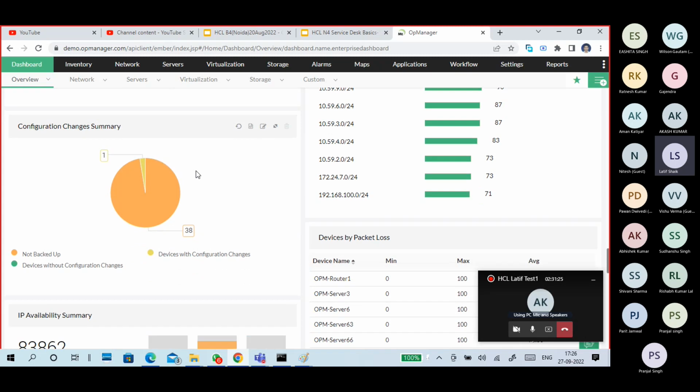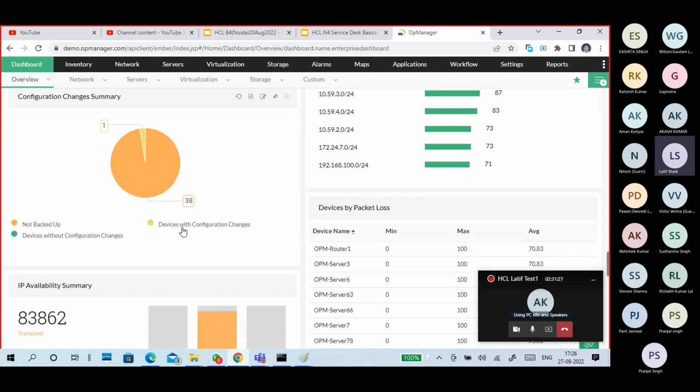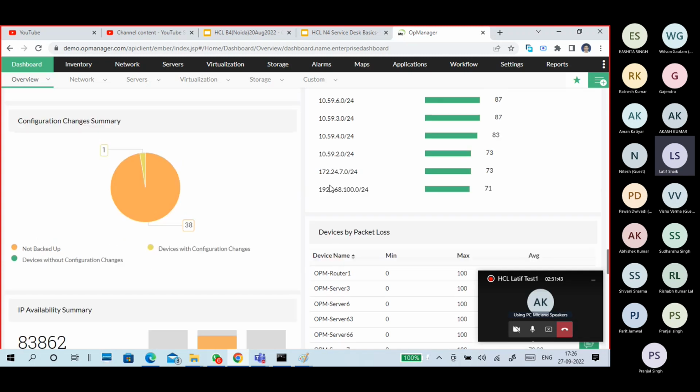Changes summary: how many changes? Device with configuration changes: there is one device with configuration changes. Device without configuration changes, then nothing is there. Okay.